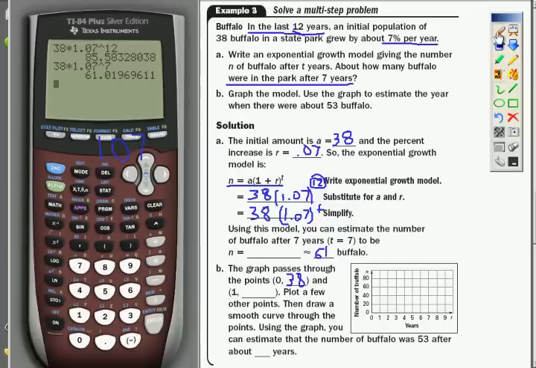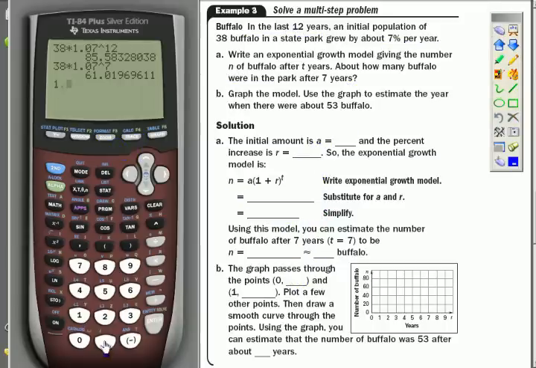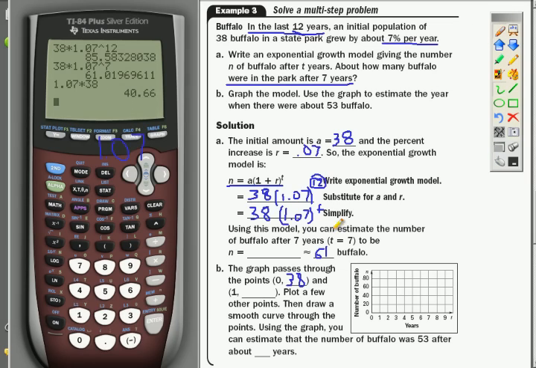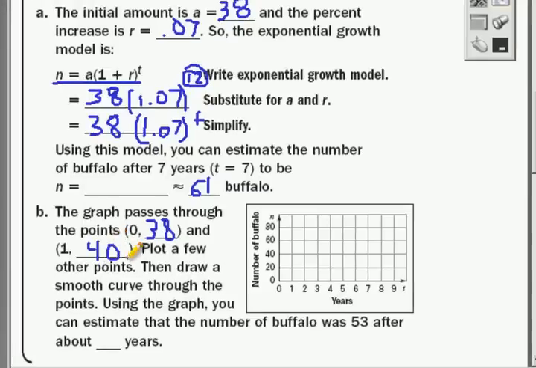So when I go back over my calculator and I do 1.07 times 38, I get approximately 41 buffalo, or 40.66 buffalo. Now, it doesn't make any sense to say we have 40.66 buffalo if that's what you're asked, but for graphing purposes, we are going to use 40.66.